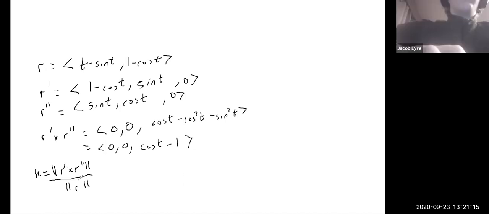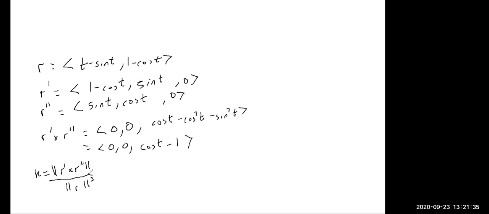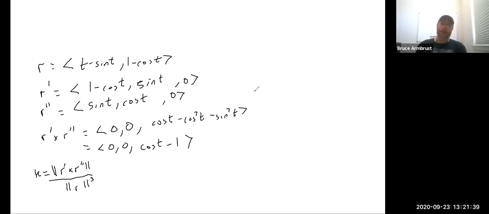Oh, the magnitude of the vector without the primes, so the magnitude of r and then a cube. Is that right? Yeah, the magnitude of r prime cubed. Okay, so it's the magnitude of r prime cubed. All right, so there's our curvature.